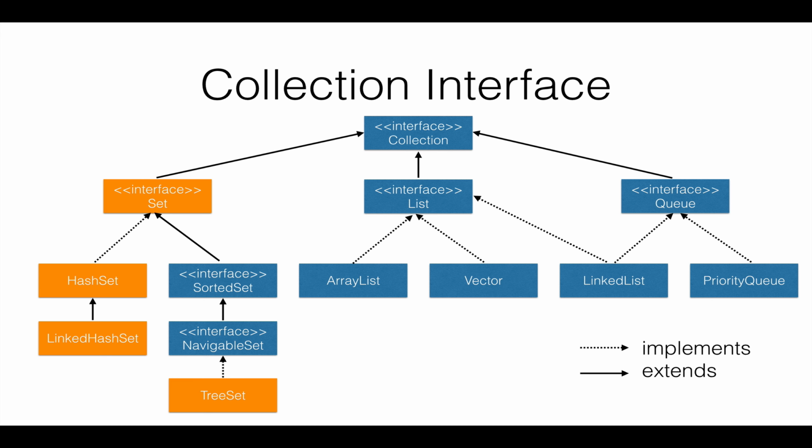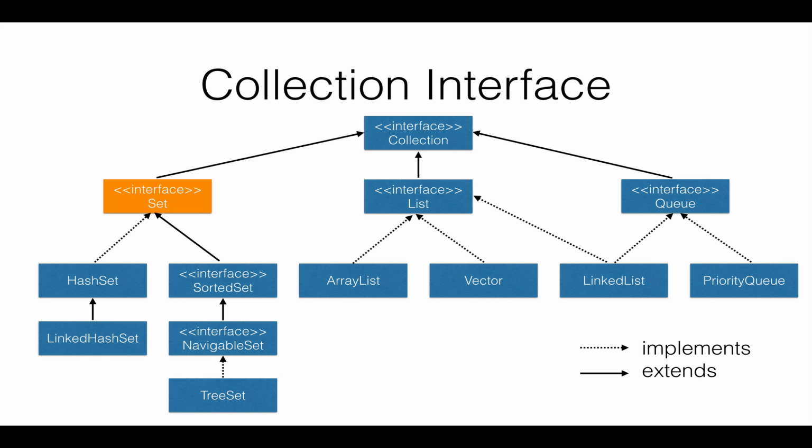LinkedHashSet is like a mix of a HashSet and a list, as it does not allow duplicate entries like a set, but it returns its elements in the order in which they were inserted, like a list would do. TreeSet will constantly keep all its elements in sorted order. But keep in mind, there is no free lunch. Every added feature comes at a certain cost, of course.